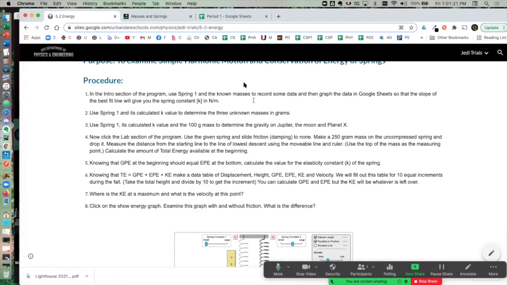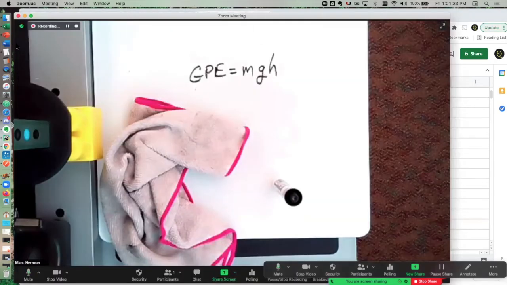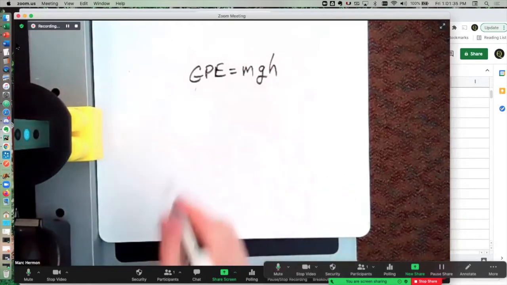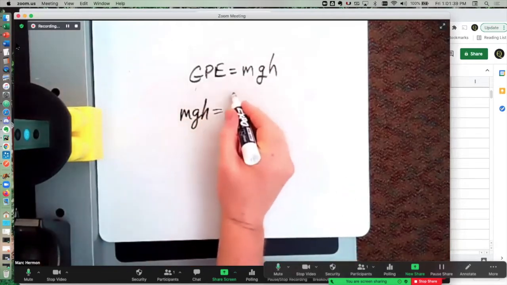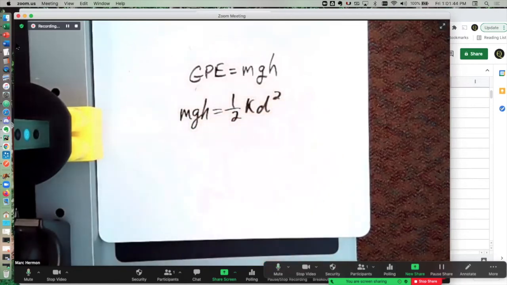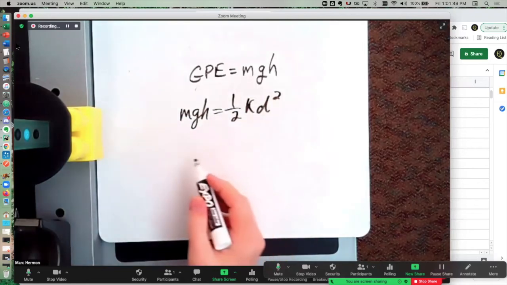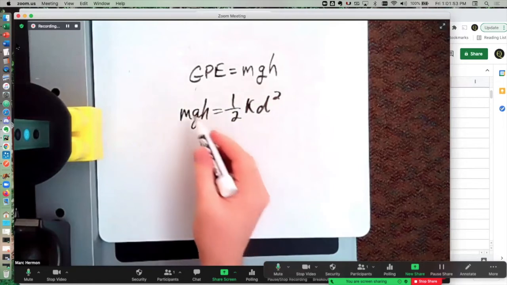So what we're supposed to do here in part 5 is to calculate the K value. Okay, so if we just look here at the board real quick, at the top we have mgh, and at the bottom we have 1/2 k d squared, right? We've already calculated this part, so this was potential energy.